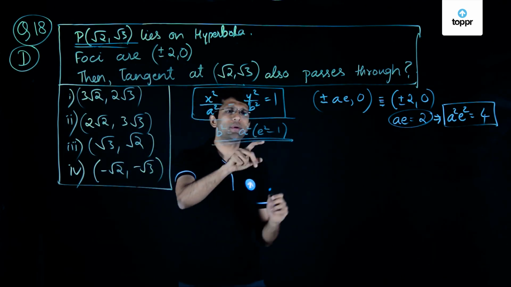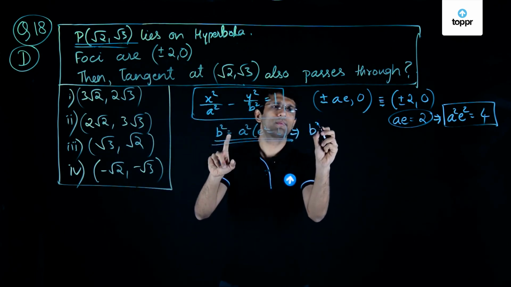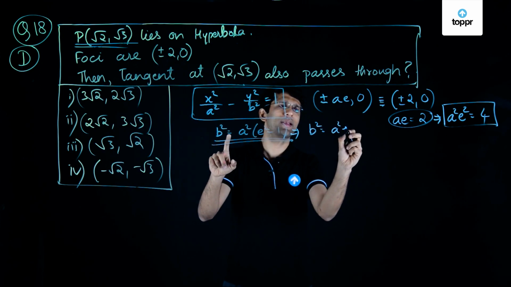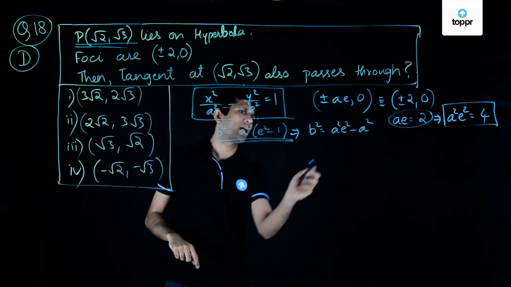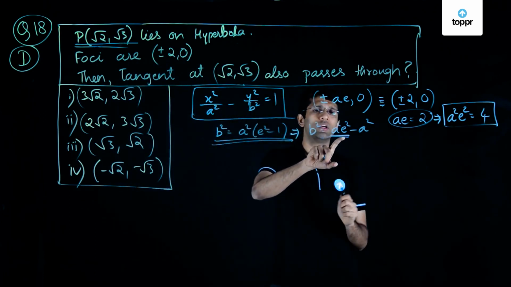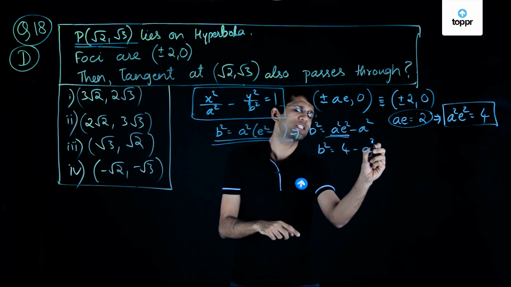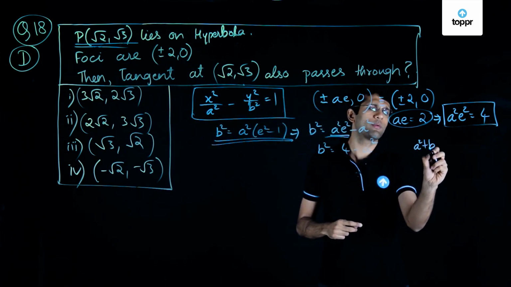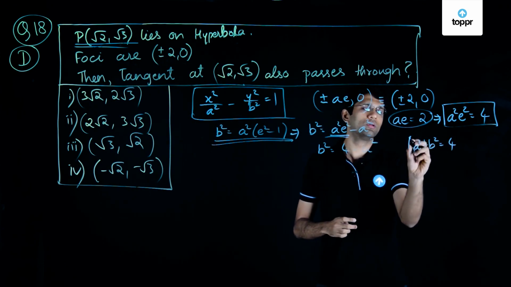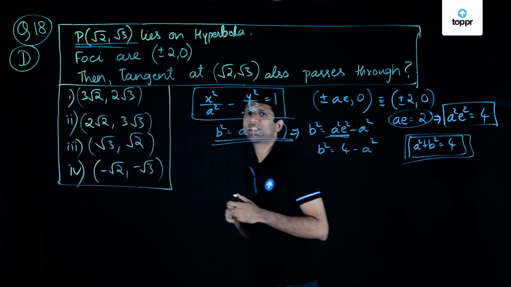This implies that B square is equal to A square into E square minus A square. I've just split the right hand side, and now A square into E square is equal to 4, so B square is equal to 4 minus A square. From this we obtain the result that A square plus B square is equal to 4. So this is the first result that we've obtained, and we will now proceed to see what else is required.